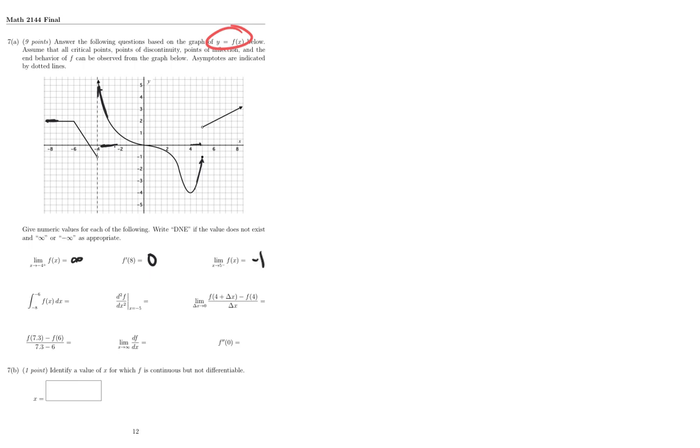The integral from -8 to -6, that's this area here, just a rectangle, height 2 and base 2, so this will be 4. The second derivative at x equals -5, so let me delete some of this stuff.